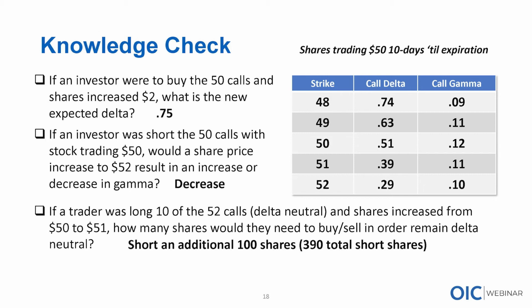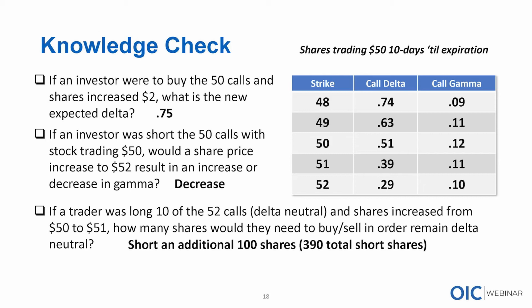I have a position. I want the stock to move because I'm long the contracts either way, up or down, but I'm delta neutral. Now if I'm delta neutral with the stock trading at 50 and it goes to 51, what is my new delta? Now you'd have to look at the gamma.